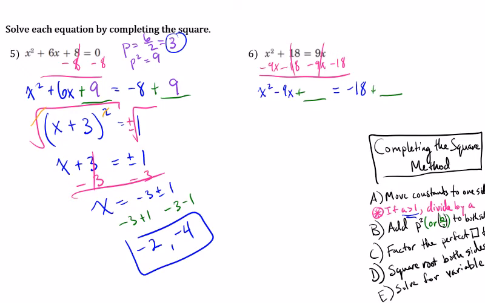Think about what we're going to add here. We did one with the 9x a couple examples ago. So remember that p equals b over 2, and p squared is going to equal positive 81 over 4. I'm going to put that here, 81 over 4.